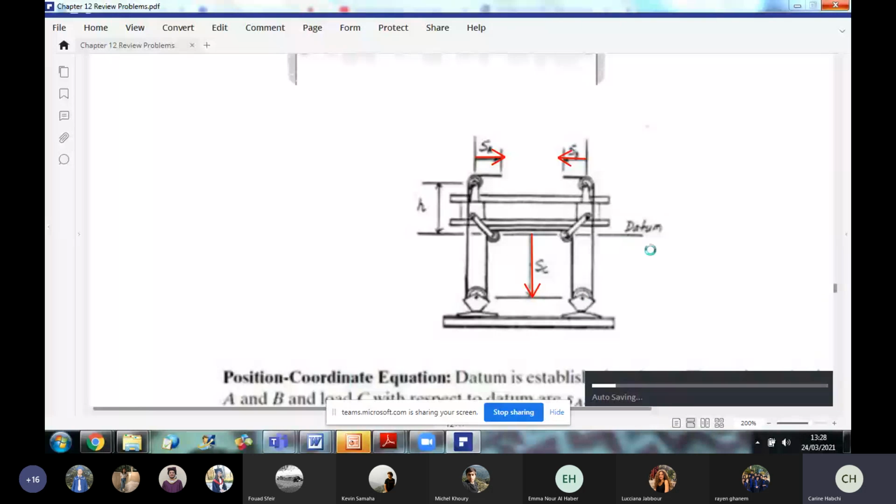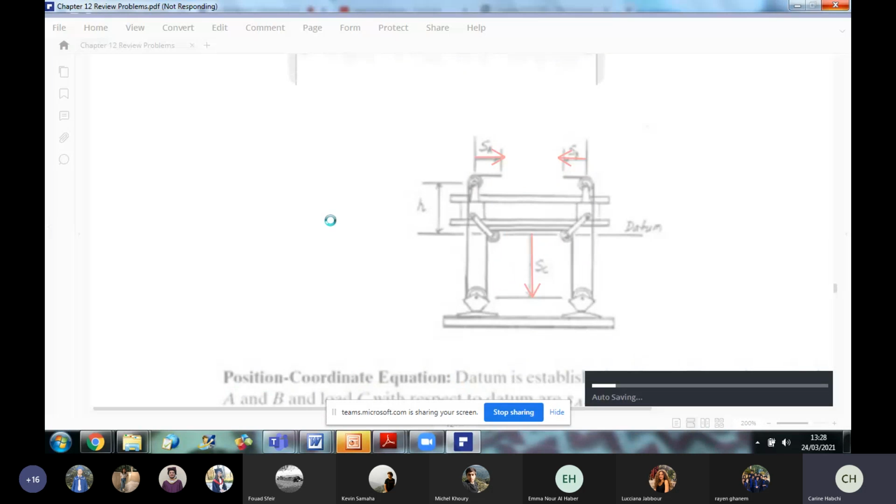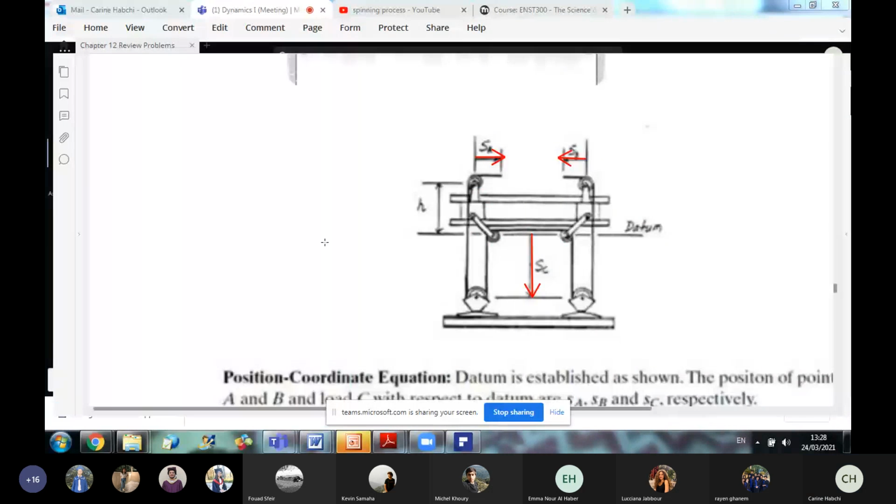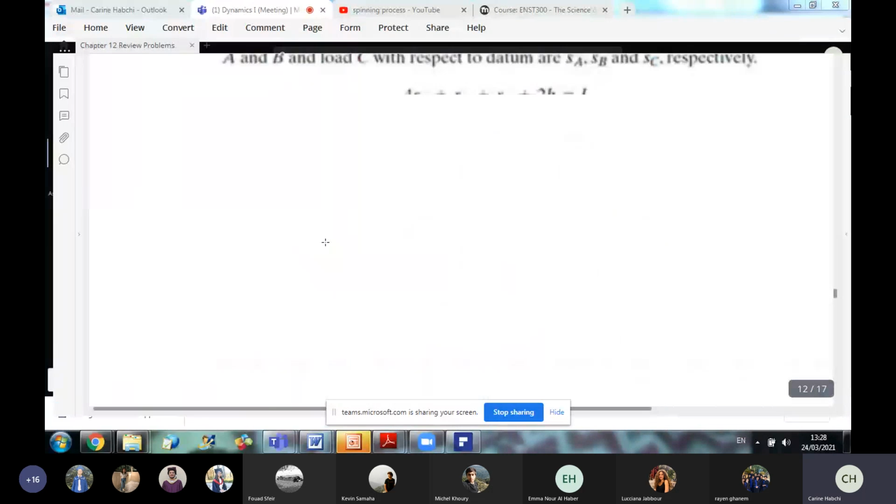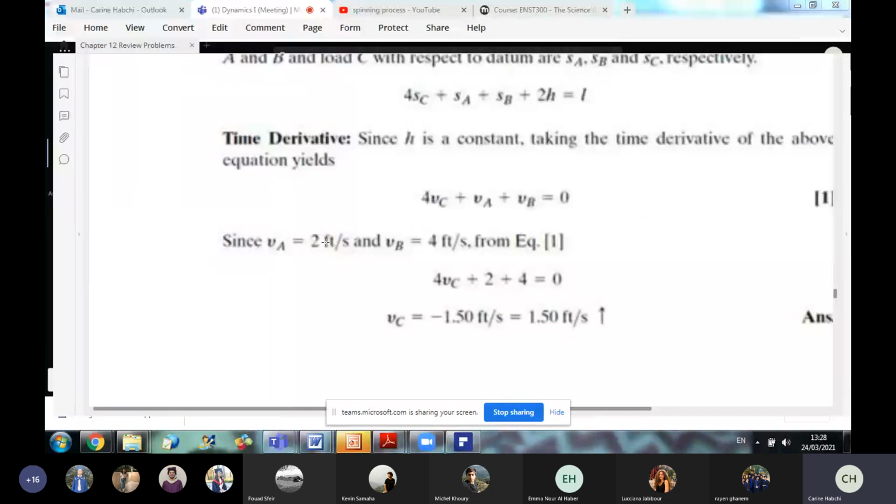Now, as we said, all we have to do is to derive this expression with respect to time. So if I derive SA plus SB plus 4SC with respect to time, I get VA plus VB plus 4VC equals 0. So VC is equal to minus VA minus VB, over 4.